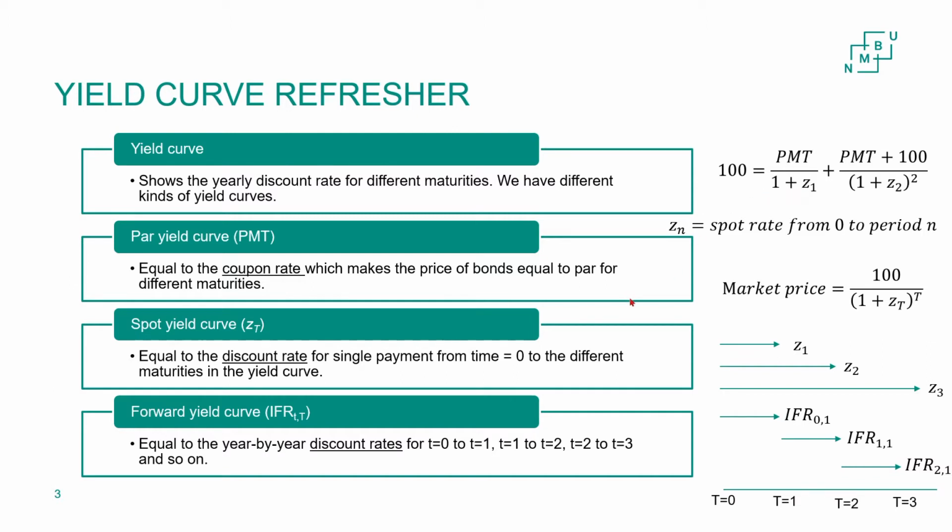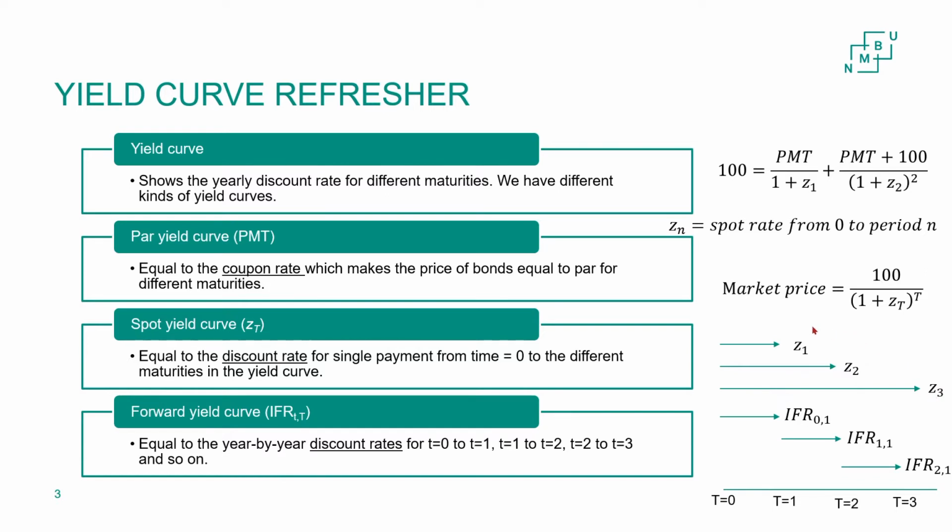You also have the spot yield curve, which is the discount rate for payment at one specific time in the future. Okay, so for example, we have the 1 year spot rate, we have the 2 year spot rate, and the 3 year spot rate. Okay, and how do you find those?